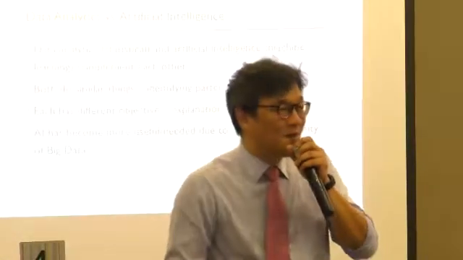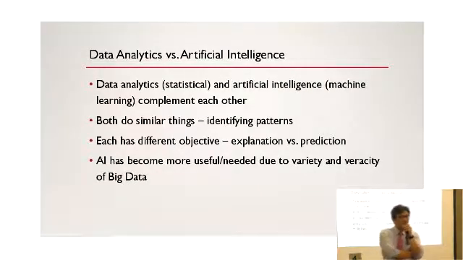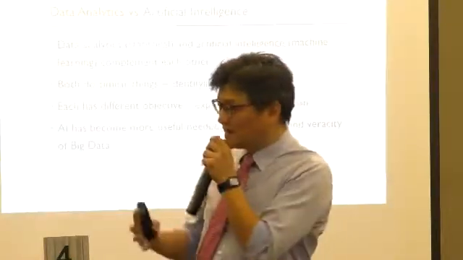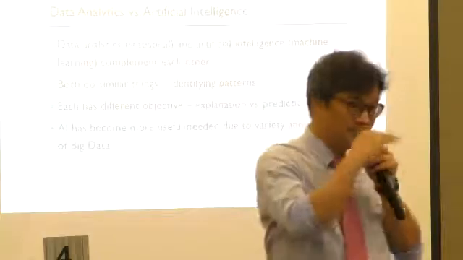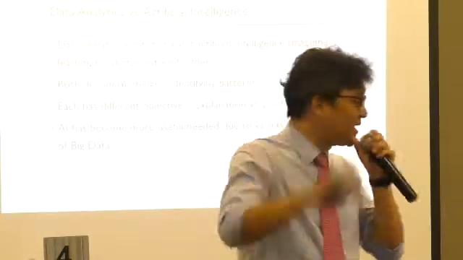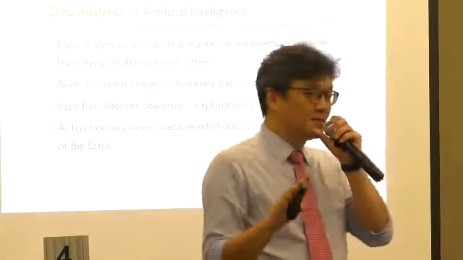Okay. So data analytics and artificial intelligence are often talked about together, and they do similar things. It's about identifying patterns. But they come from different traditions. Data analytics comes from more of a statistical tradition, and artificial intelligence comes more from a computer science, machine learning, and algorithm tradition.